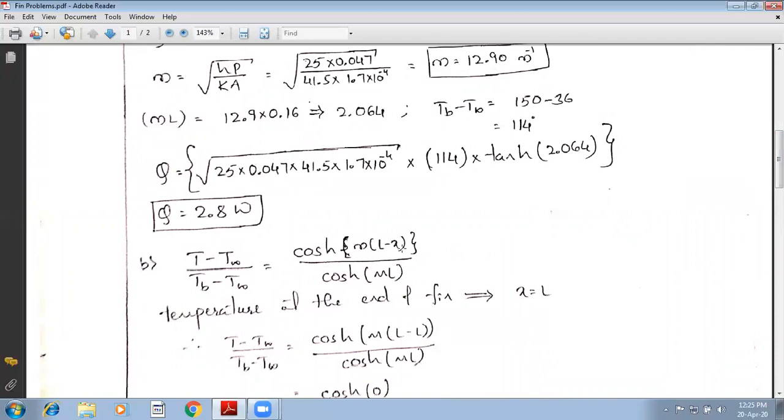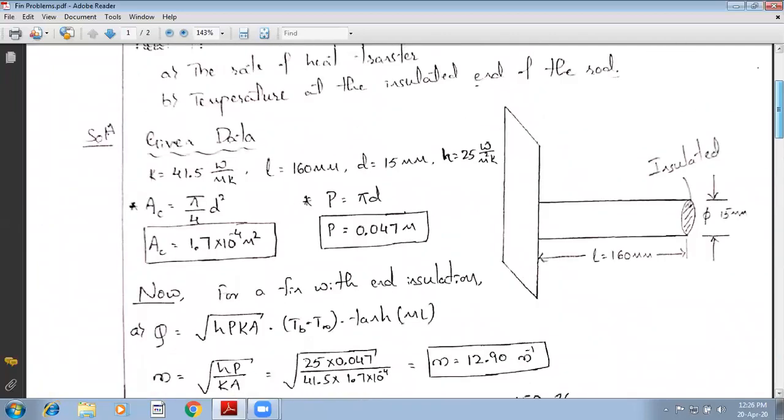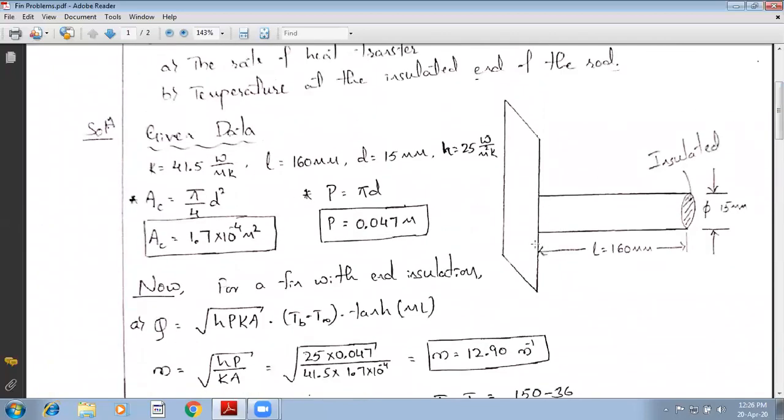Now what is this x? x is the distance from the base to any point. Where we need to calculate the temperature at the end, x is measured from the base. So x becomes L, because you need to calculate the temperature at this point.